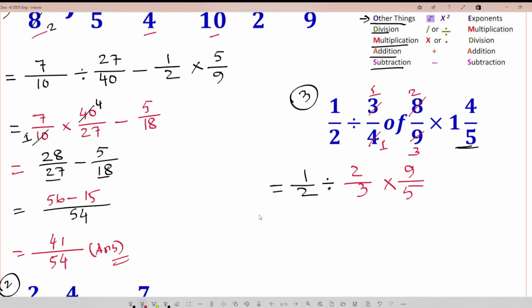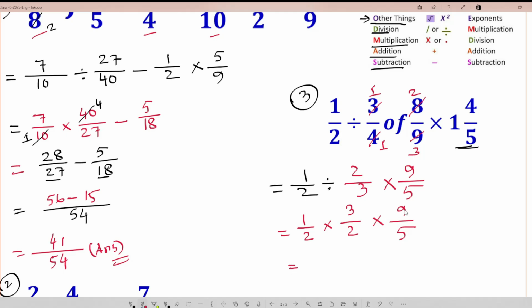Okay, now we have to do the division work. So 1/2 times, this fraction will be flipped, it means 3/2, and times 9/5.